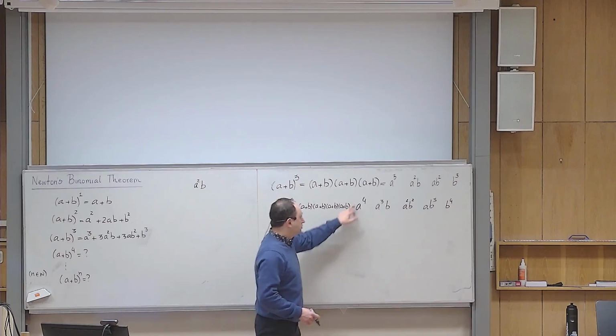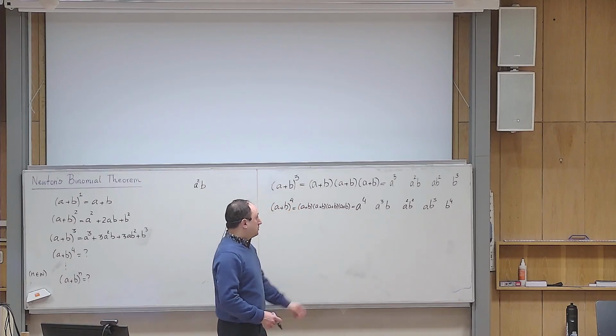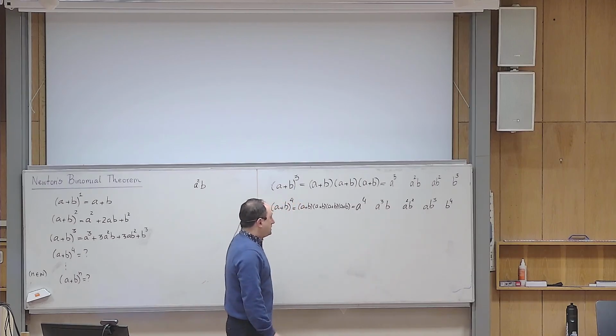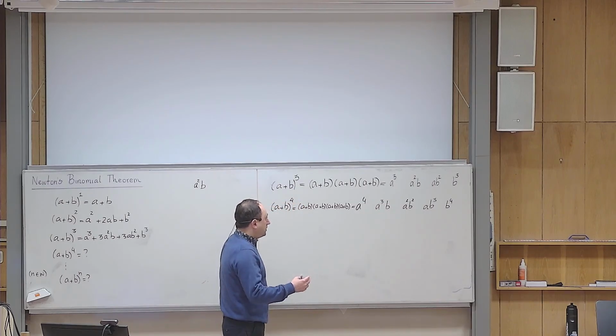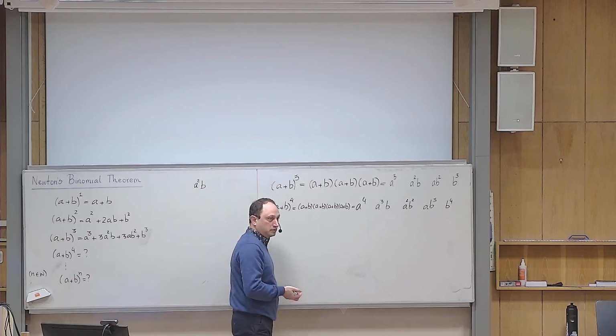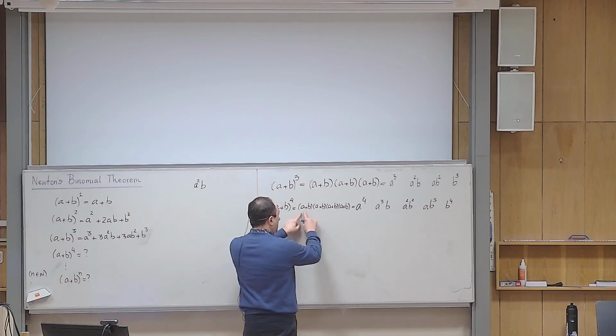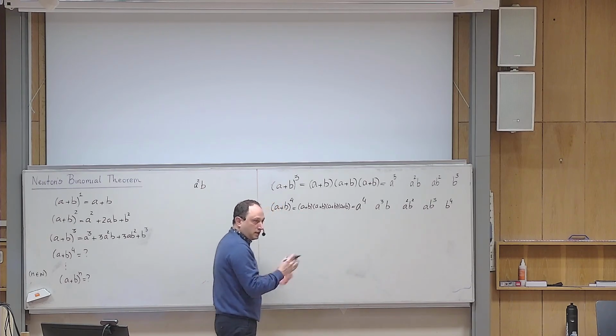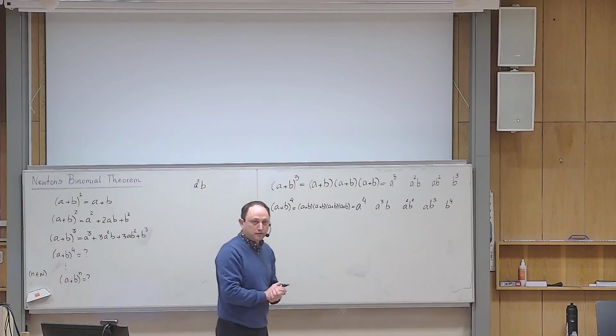So the coefficient should be 1, yes? But if I ask you what is the coefficient of A cubed B, it means that I need to think about all the possibilities where I choose 3 A's and 1 B. For example, I can choose 3 A's from these and 1 B here, but that's not the only option. You need to consider how many options you have.